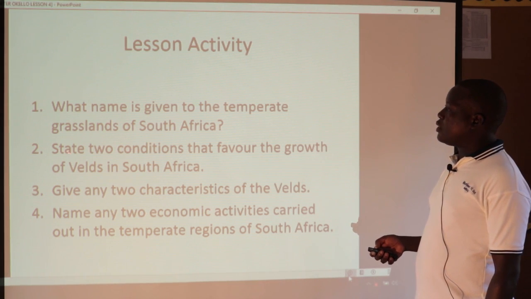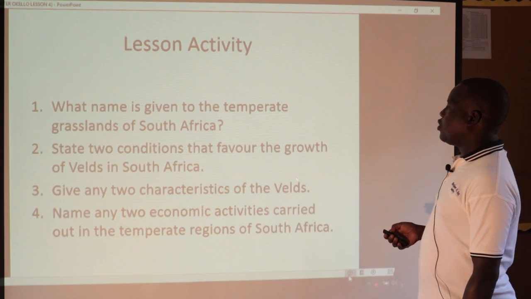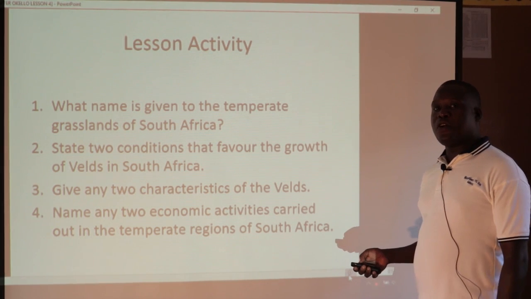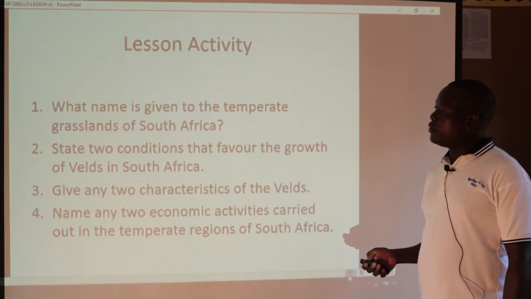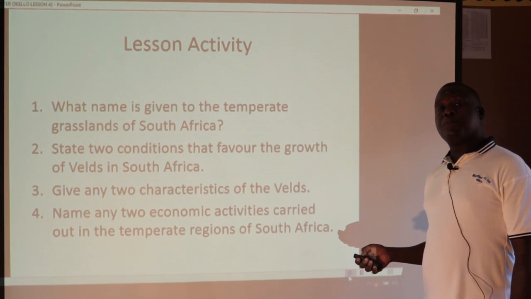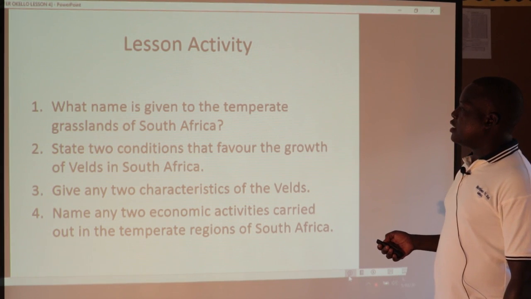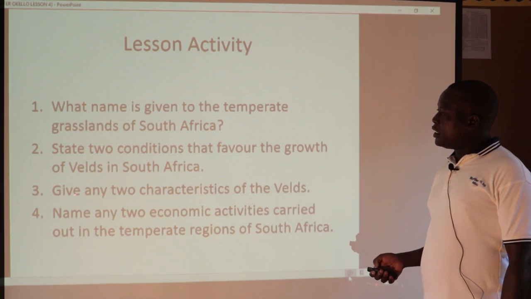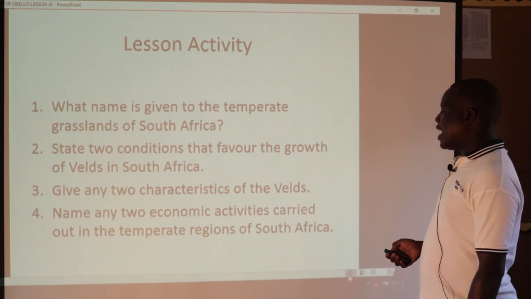We also have number 2, state 2 conditions that favor the growth of veldts in South Africa. If you have forgotten, you can also go through the notes that I gave you, and from there you'll be able to pick the conditions that favor the growth of veldts in South Africa. Our question number 3 says, give any 2 characteristics of the veldts.